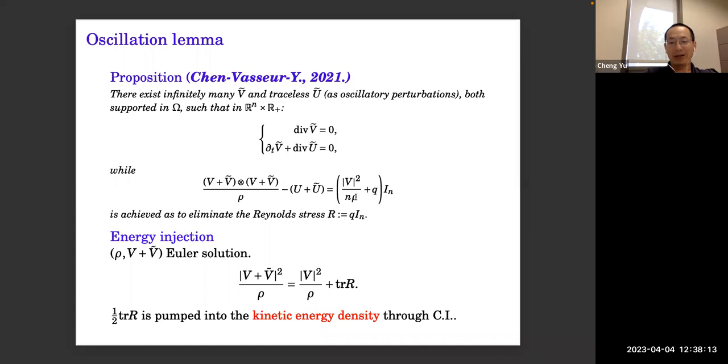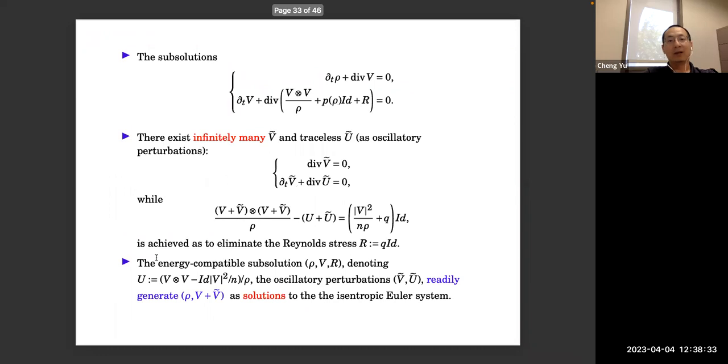So V plus V tilde needs to satisfy this restriction. Because of these two restrictions, we are able to show V plus V tilde is exactly a solution of the compressible Navier-Stokes equations. So we have a subsolution and an oscillation lemma, and we apply the oscillation lemma to the subsolution to get infinitely many solutions.